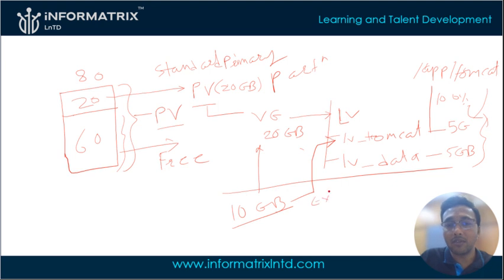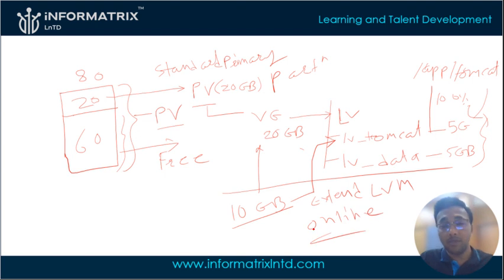This is the best feature, and that too online without impacting the data. So I can extend this LVM from 5 GB by another 5 GB, and then I will have space available to store the data.